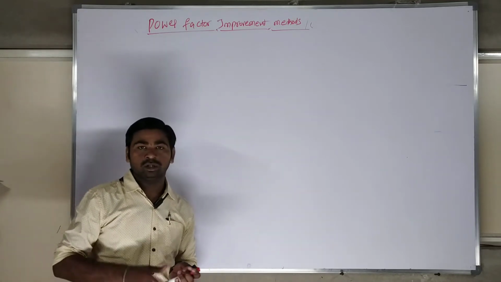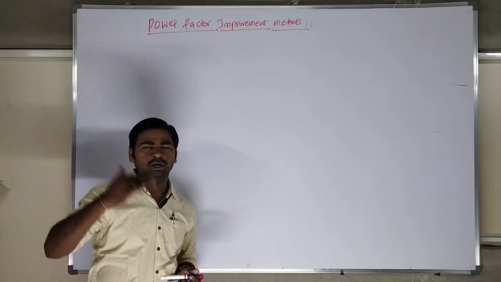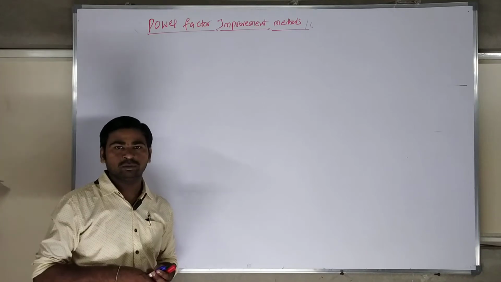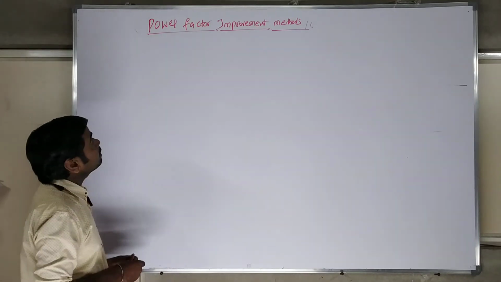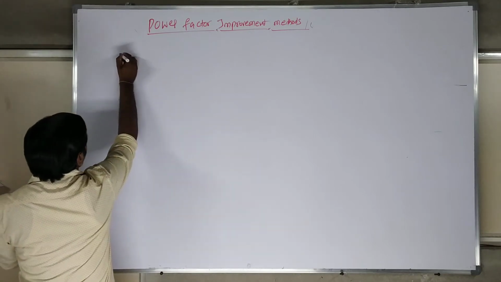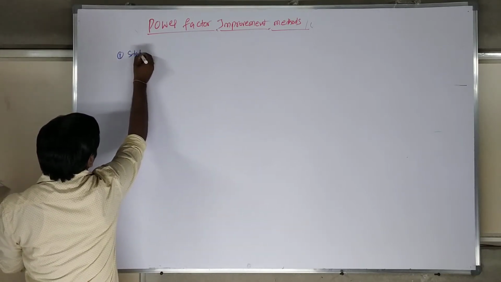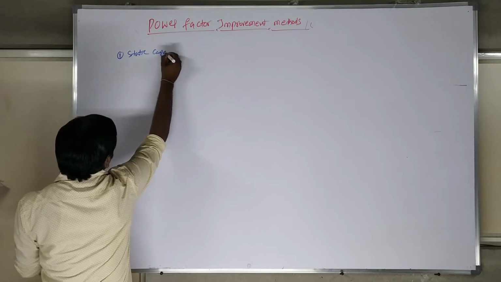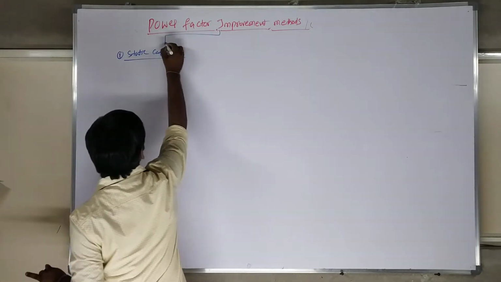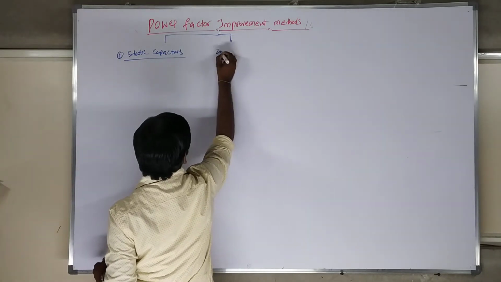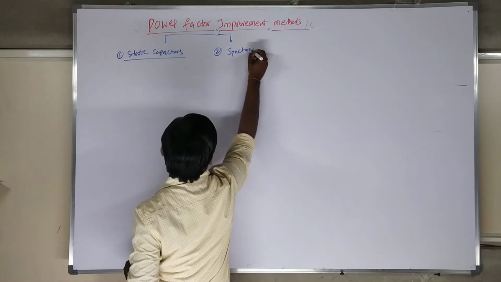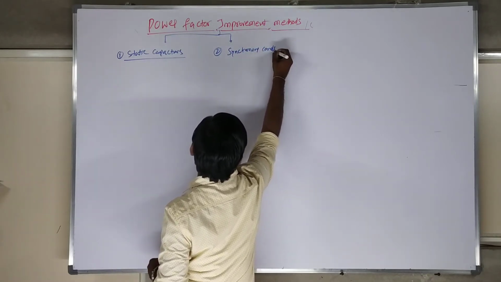Basically we have three types, which are very important for you. The power factor improvement methods fall into three categories. Number one is static capacitors. The second is the synchronous condenser.